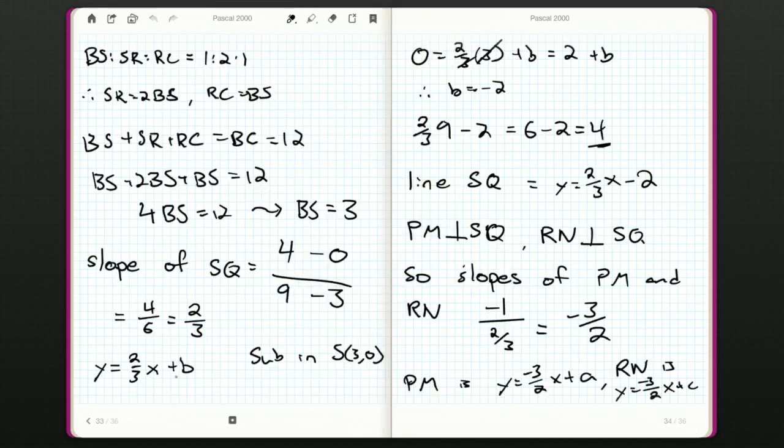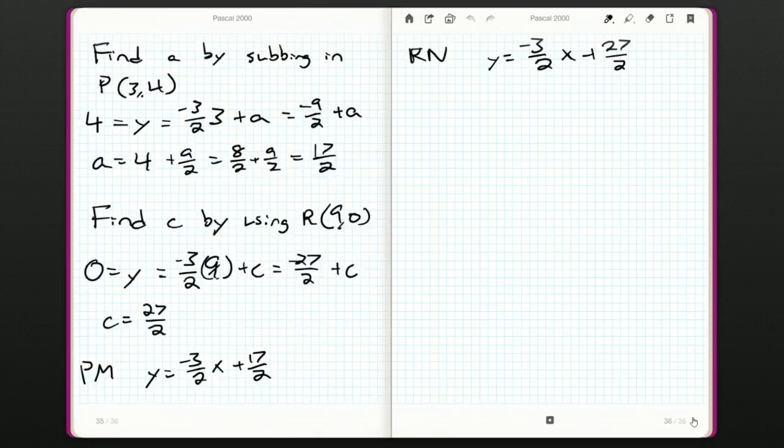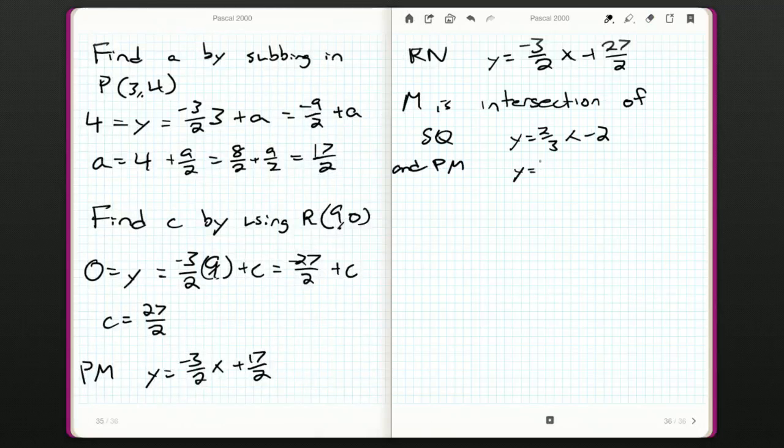So we'll start with M. Two-thirds x minus 2, and the other equation that we just figured out.